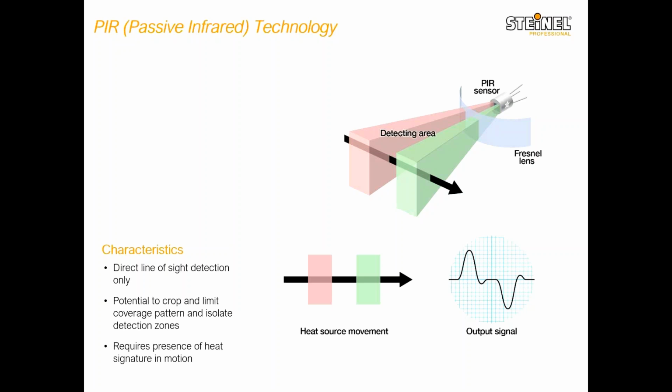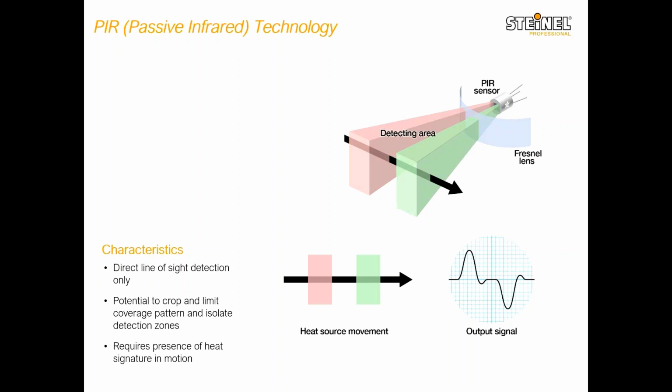There are three important characteristics of PIR technology. One is that it requires direct line of sight. PIR is looking for the infrared signature of a heat source, like a human body or basically any moving object.